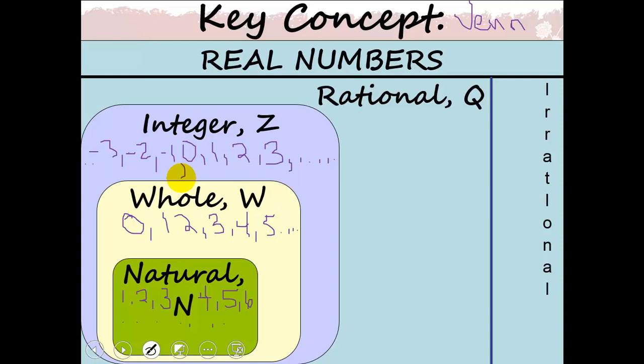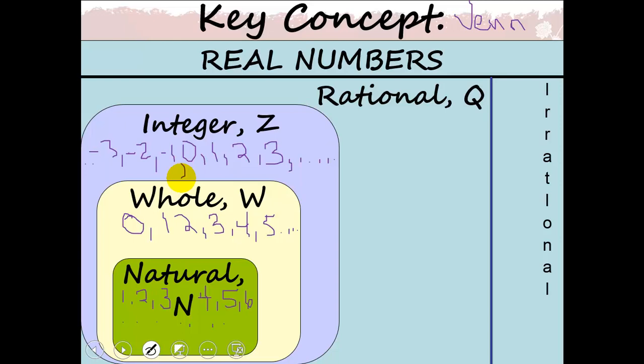So every whole number is also an integer. Every natural number is also an integer. Notice that the green box is contained within the purple box for the integers. The yellow box is contained within the purple box for integers, okay?